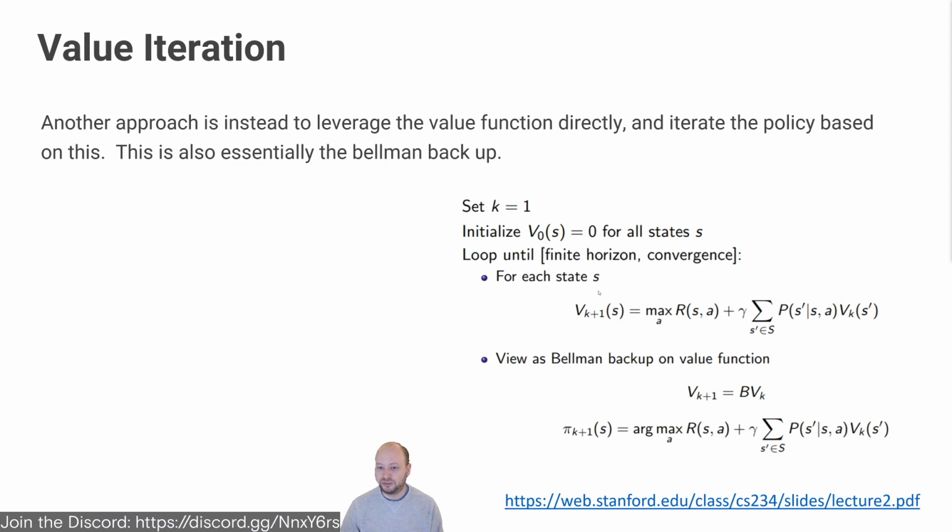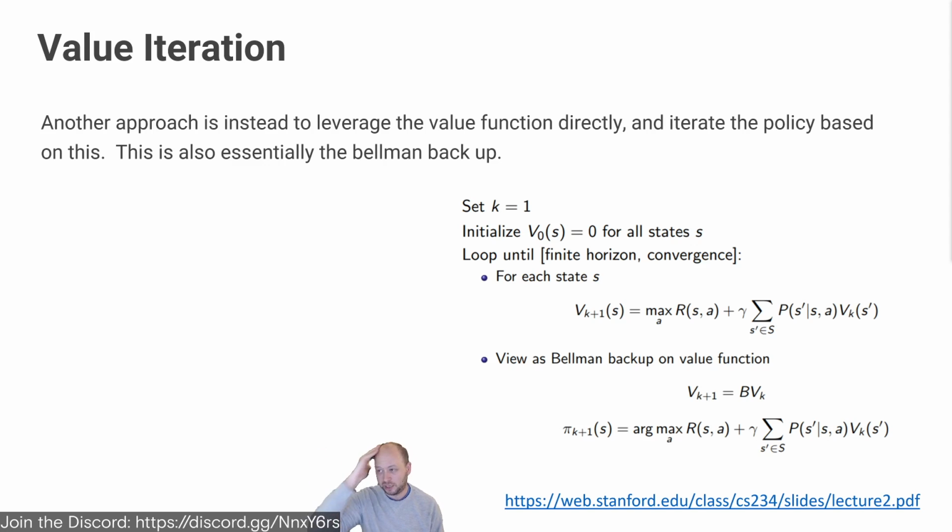So now for every state, we calculate the value of the next time step of this iterative process as the maximum reward given a state and action pair, plus the discount factor times all of the likelihoods of going into another state.